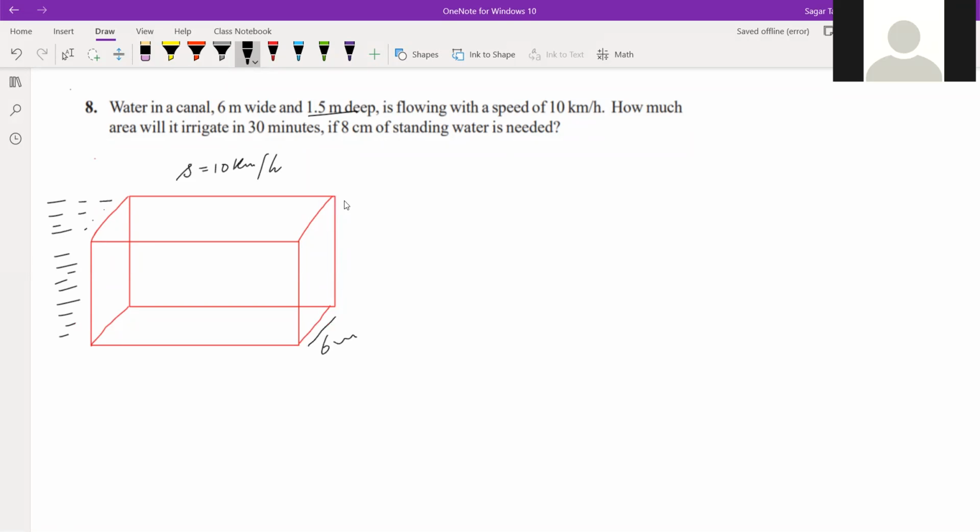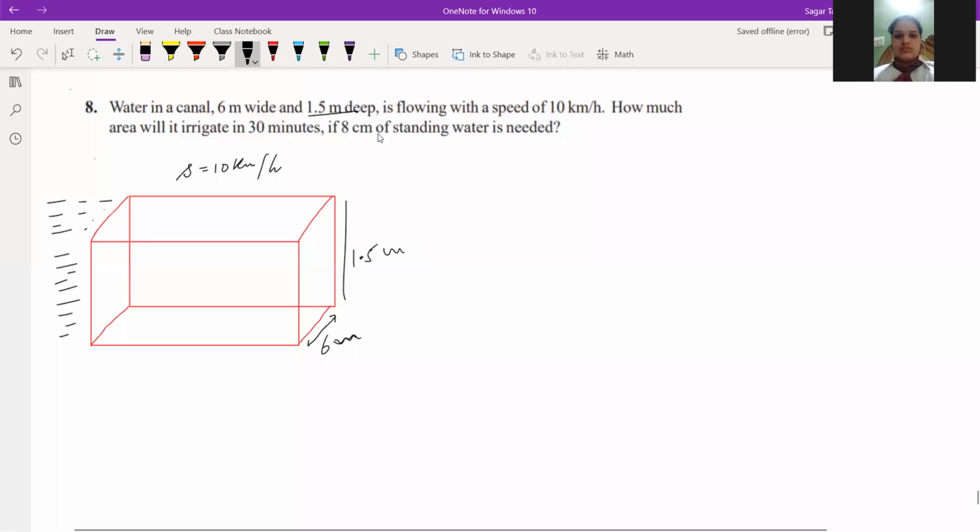the height is 1.5 meter. How much area will it irrigate in 30 minutes if 8 centimeter of standing water is needed?